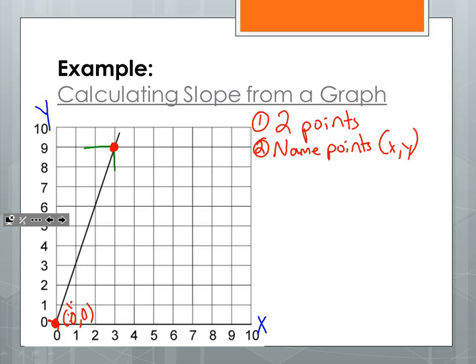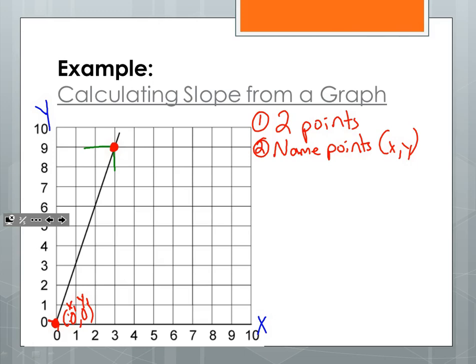This is what is called my x1. This is what is called my y1 because it's my first point. My first point on my x for my first point itself is 0. My first point on the y, which is my vertical, is 0.